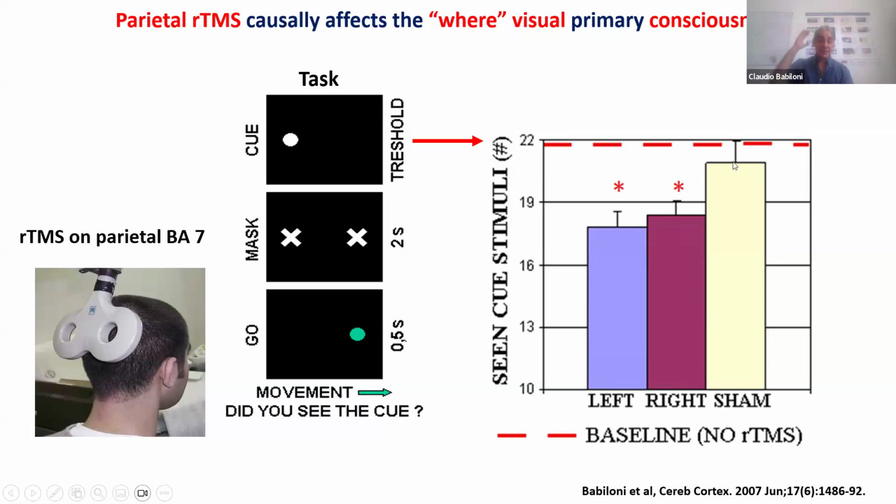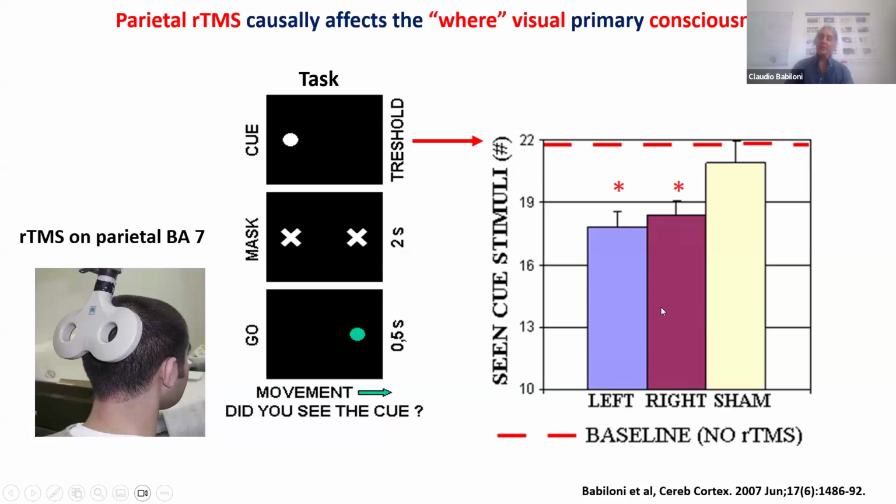When there is the fake transcranial stimulation, the subject had the expected 50% of recognition of the Q stimulus.